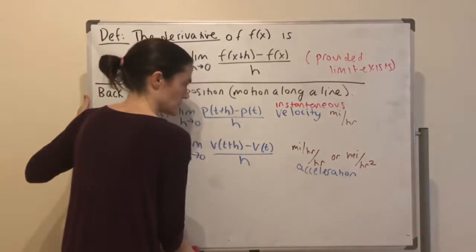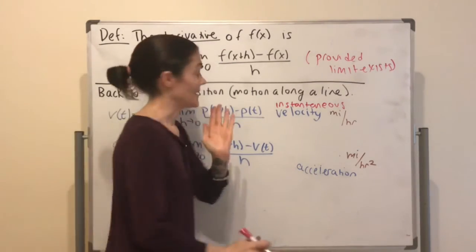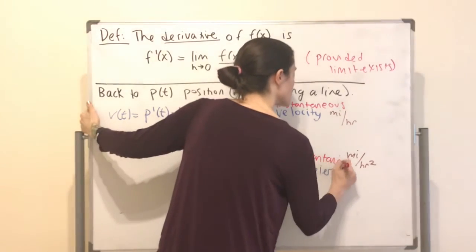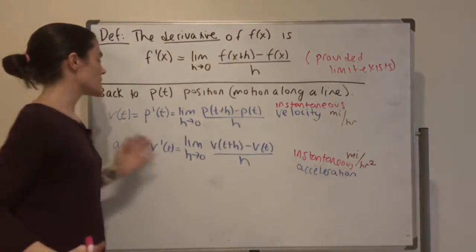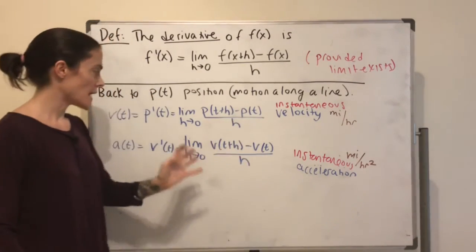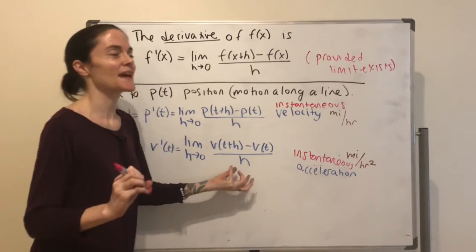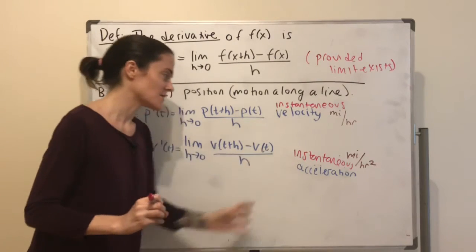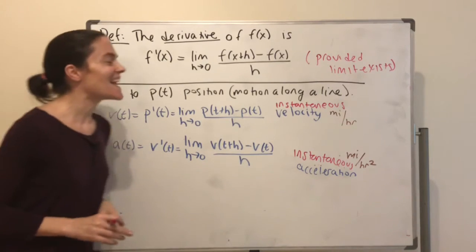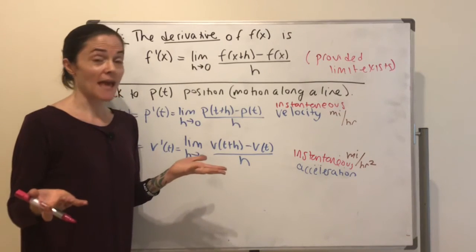Okay? Let me erase this so I can add the word. This is instantaneous acceleration. And in this new language, it says the derivative of velocity is acceleration. Okay? But what we see in this formula, it's an instantaneous rate of change of velocity is acceleration. Instantaneous.